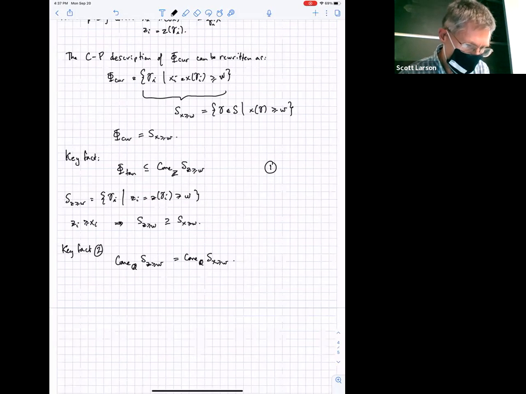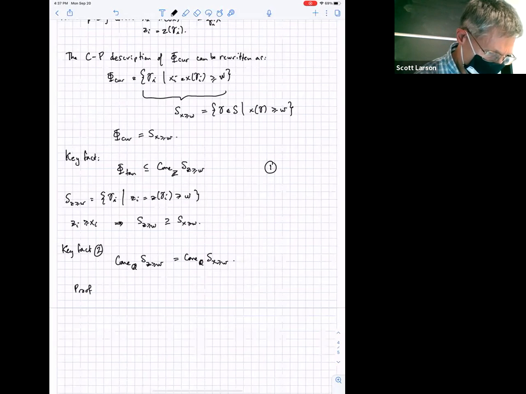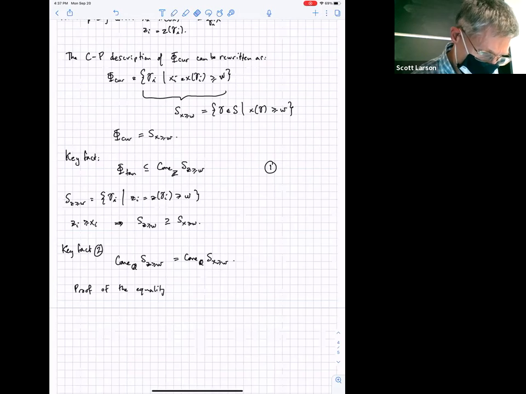Once we know this, we can prove the main theorem assuming these facts. So the proof of the main theorem, the equality cone Q of phi tan equals cone Q of phi cur. Let me just say how that follows from all this.